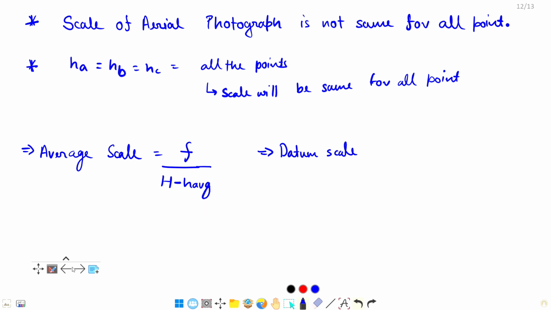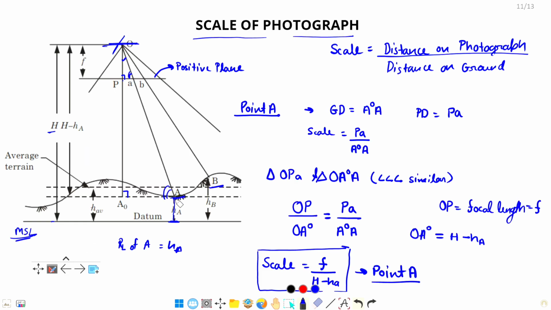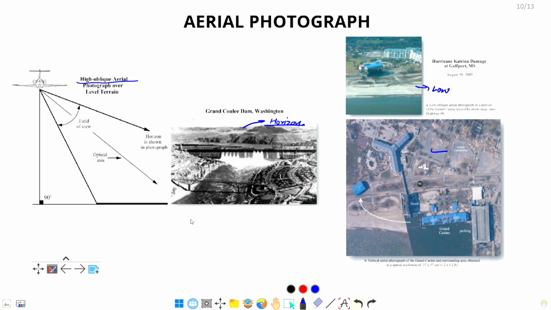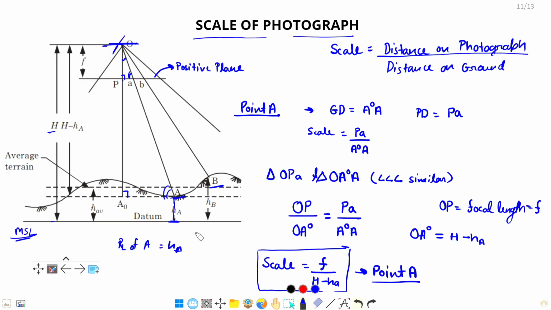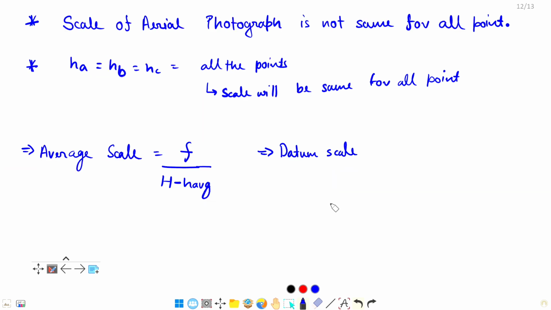For datum, there is some point which is lying on the datum, and for datum this height HA or HB that we are writing here is 0. So for datum, scale will become F upon H. So in this way, scale of a photograph is calculated.